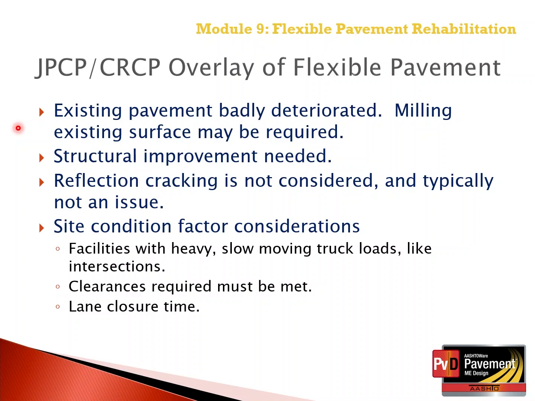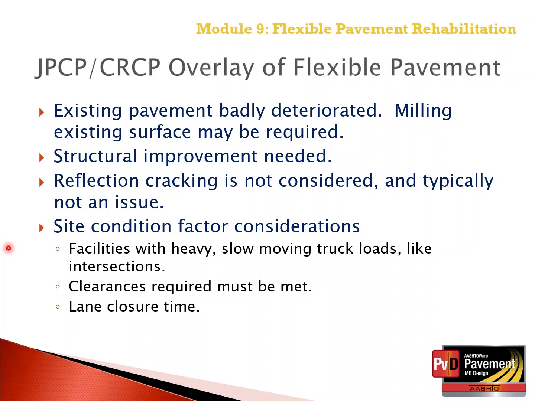And then the other site factors that need to be considered are potentially facilities with heavy or slow-moving trucks, like at intersections. Clearances required must be met if we have curb and gutter and or guardrail. In terms of adjacent features, that needs to be considered.